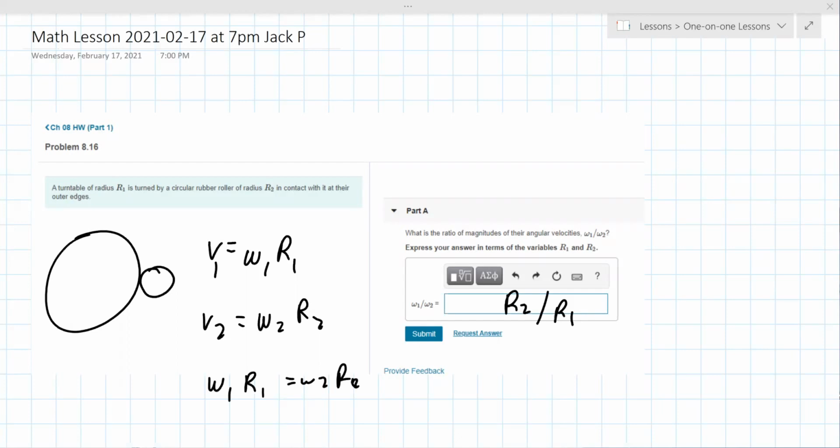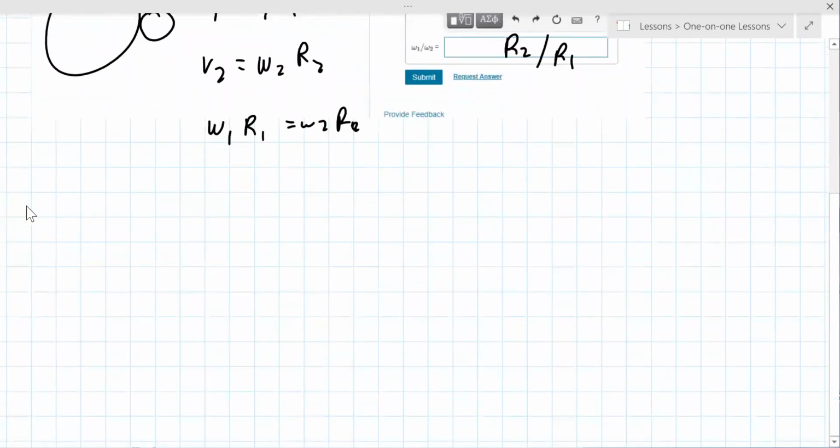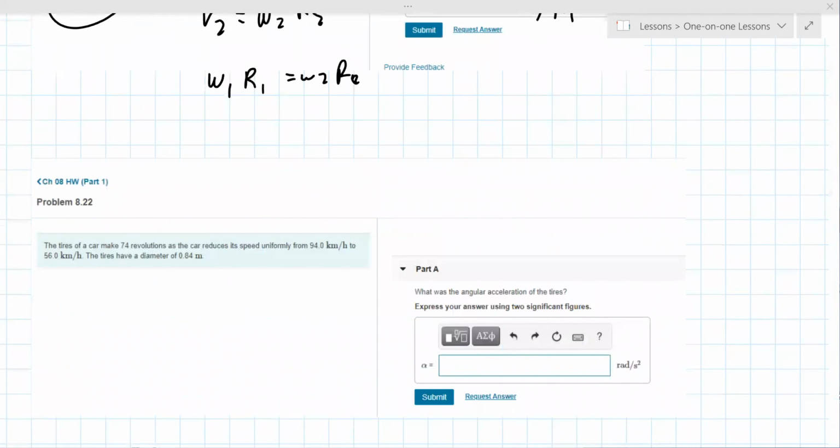Let me snip this one in, at least part A. Okay, the tires of a car make 74 revolutions as the car reduces its speed uniformly from 94 kilometers per hour to 56 kilometers per hour.